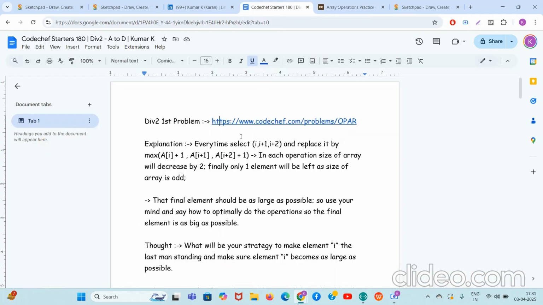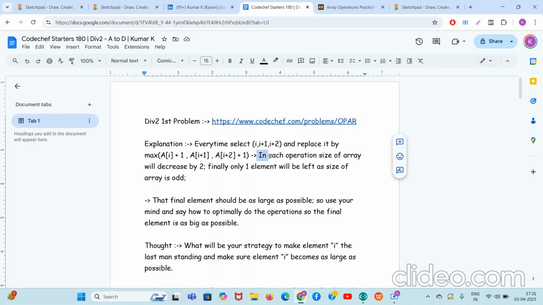If I explain this in a simple manner, you are given an array of size n, which is odd. Every time you select indices i, i plus 1 and i plus 2 and replace them by the maximum of this expression. Basically the maximum of the three numbers, but the first and third numbers are increased by 1.